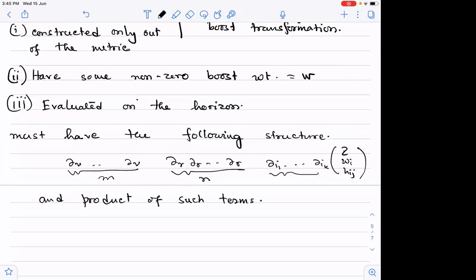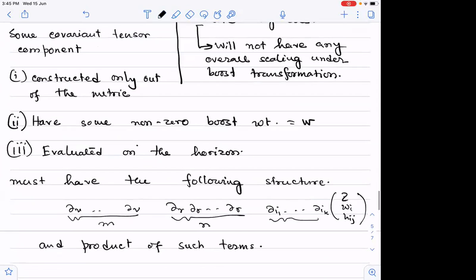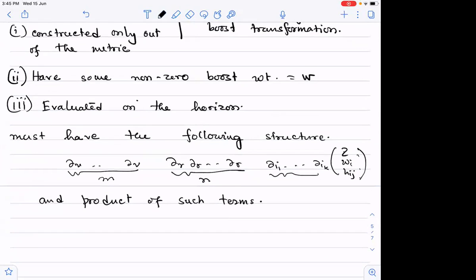So if I evaluate a covariant tensor component on a metric like this, and evaluate it at R equal to 0, no explicit R factors can appear. So the only possibility is that some number of del V, some number of del R, some number of del I are acting on these functions and their products. The derivatives are distributed in different ways.